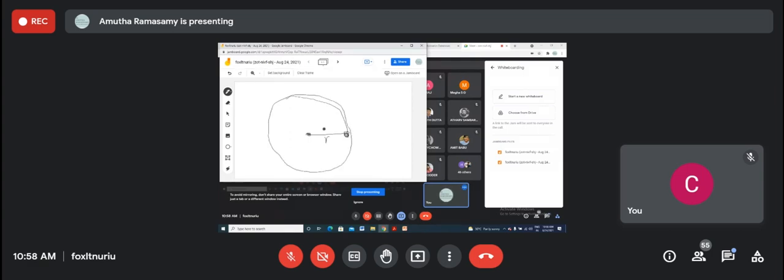This is supposed to be circular. What happens? If I draw one straight line here, this is the tangent at the point. If I draw one line, this is the same motion. So this is your tangent and this is your perpendicular.